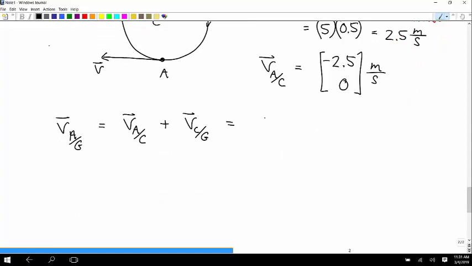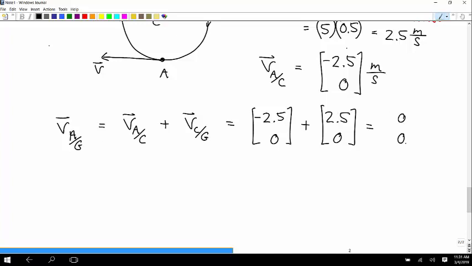So that's equal to negative 2.50 plus, what was the velocity of the center relative to the ground? Positive 2.50. So the velocity of A relative to the ground is 0.